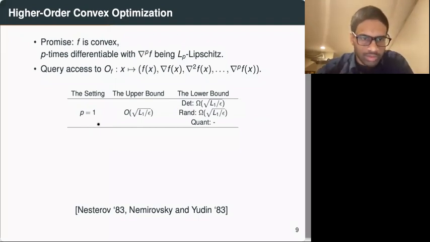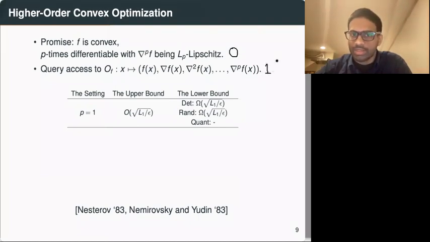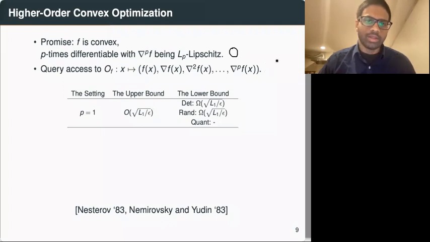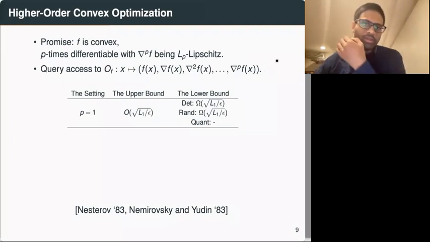So just to recap, in the setting of gradient descent, our promise on the function f was a p equal to 0 promise, and our query access was a p equal to 1 query access. So gradient descent doesn't fall into any of these settings of p. But when you set p equal to 1, you get a better algorithm of square root of 1 by epsilon.